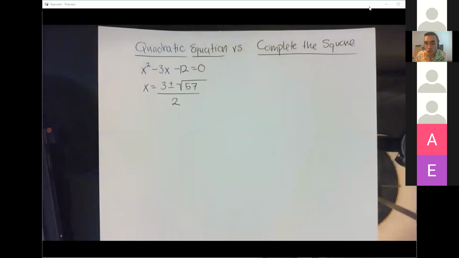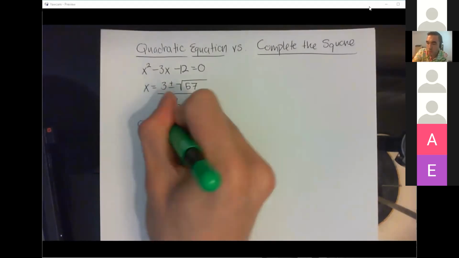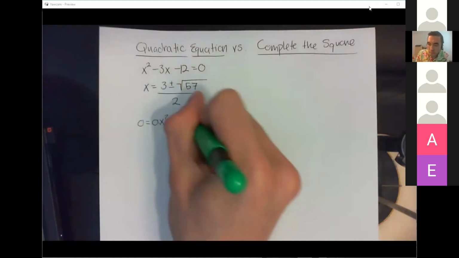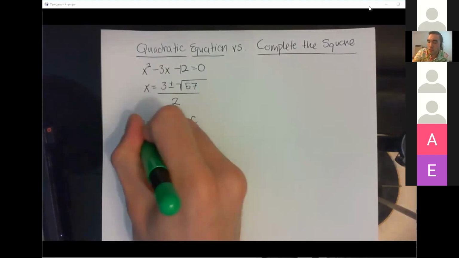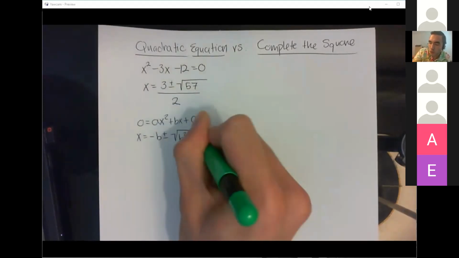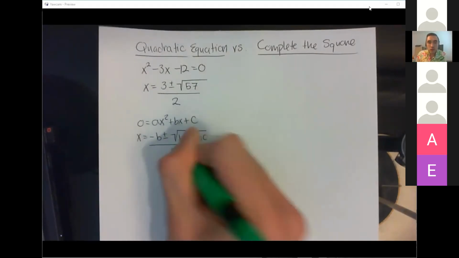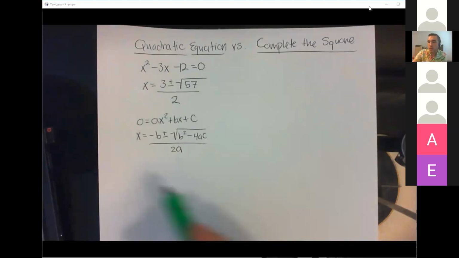And this is by the quadratic equation, which says that for 0 equals ax squared plus bx plus c, x is equal to negative b plus or minus the square root of b squared minus 4ac, all divided by 2a. Now, this is cool. This always gives you the correct answer.